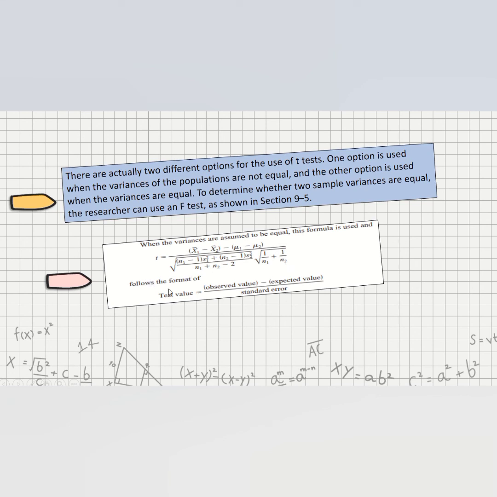It follows the format of test value equals observed value minus expected value, all over the standard error.